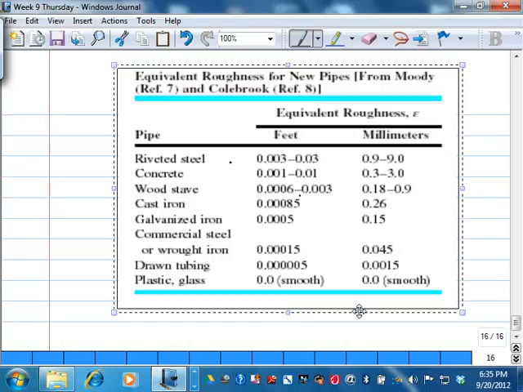Typical roughness, either in feet or mm, is pretty small. Smooth is 0. Cast iron, the pipe is a bit rough on the inside. Concrete and so on. Concrete, you worry about water leaking out, because concrete is porous, so you must do some treatment for that.